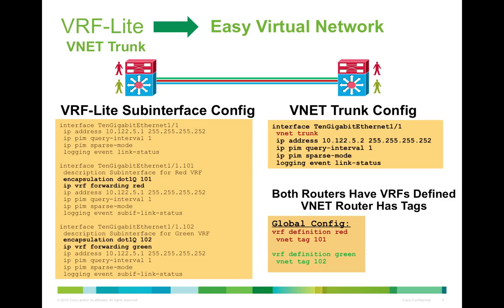You define all your VNet tags and VRF definitions in your global config, and you simply put one command on the main physical interface, called VNet trunk, and it automatically populates the VLAN tags into the physical interface without having to define all the subinterfaces for each VRF.